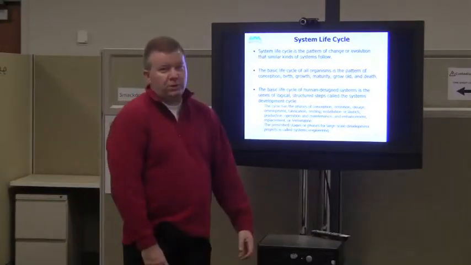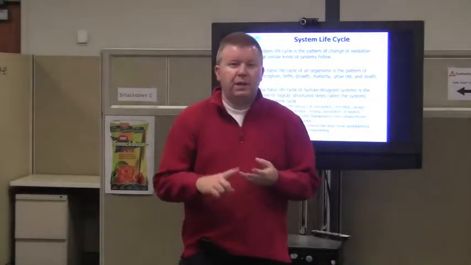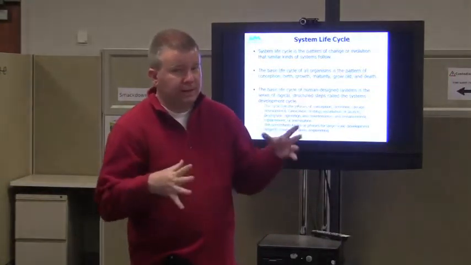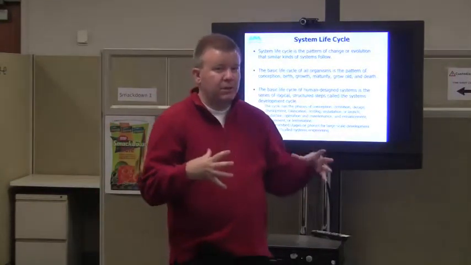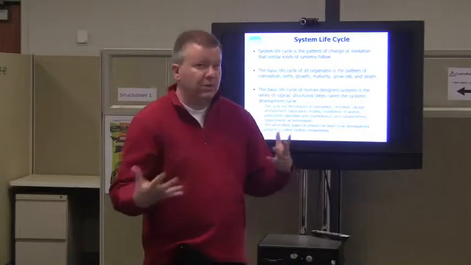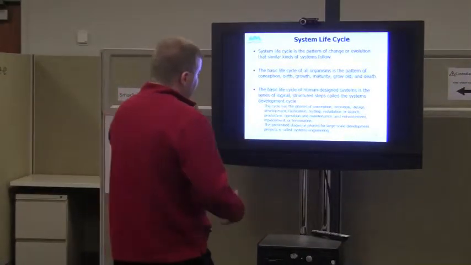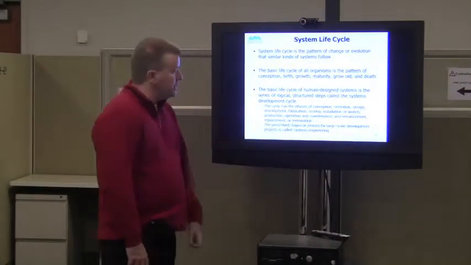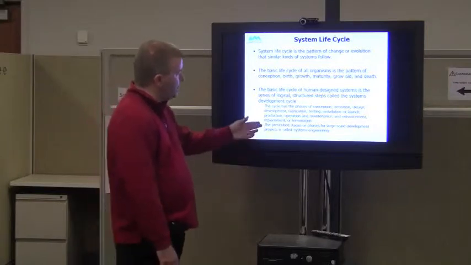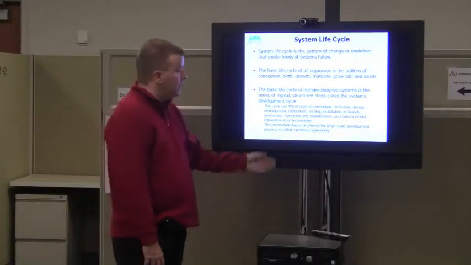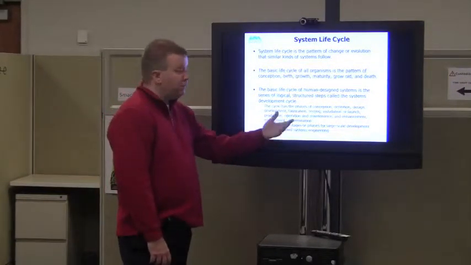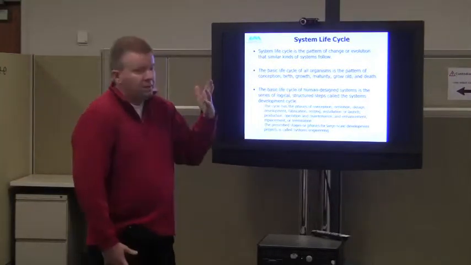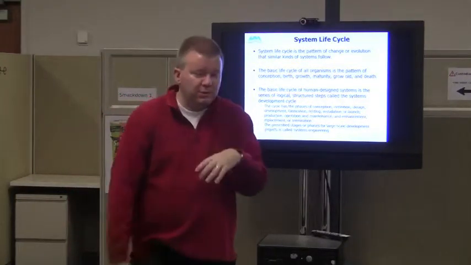It depends on who you work for and what you're doing as to how many of these phases are combined together. Some organizations put a lot of them together, some of them don't. But they're about the same thing. The prescribed stages or phases for large-scale development projects is called system engineering, right? So once it becomes something real, we usually call it system engineering. The system development cycle is usually kind of not used anymore.